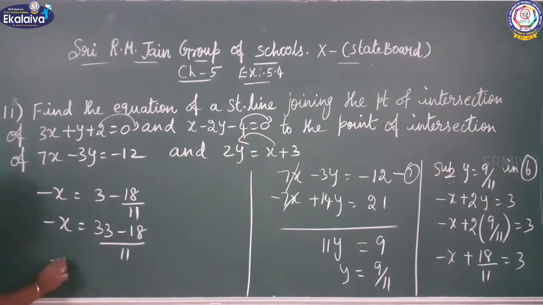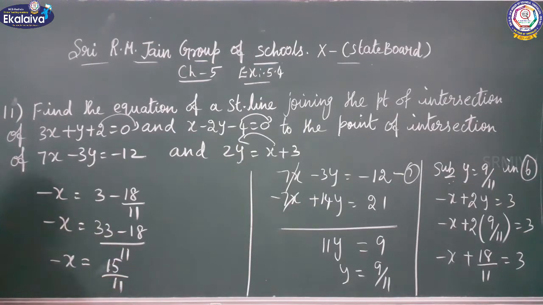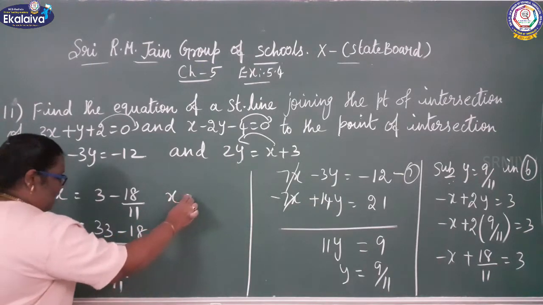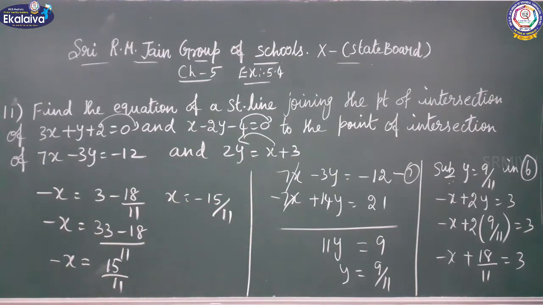So it gives minus x equal to 15 by 11. X equal to minus 15 by 11.